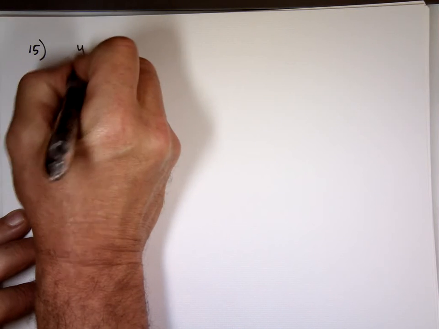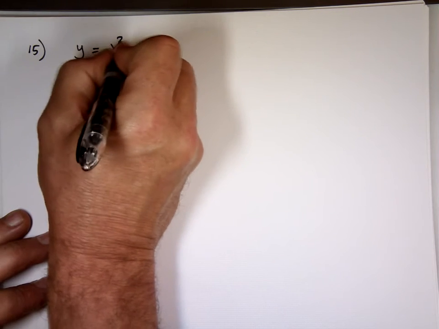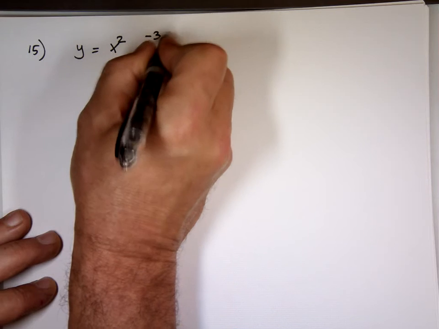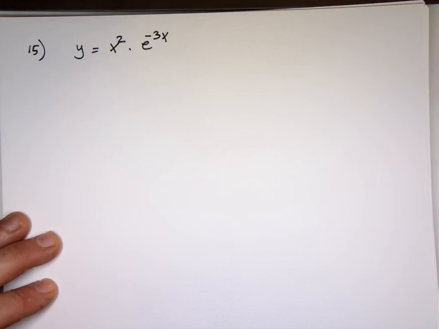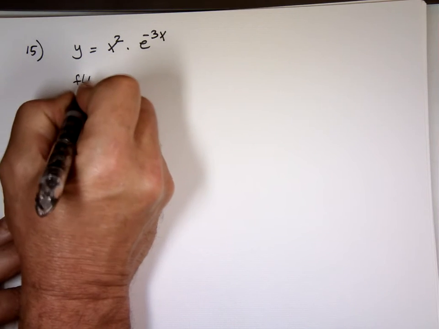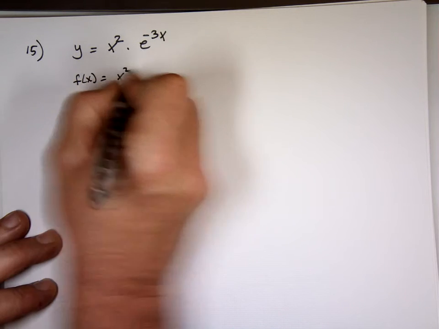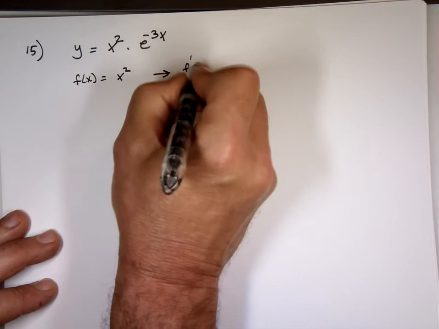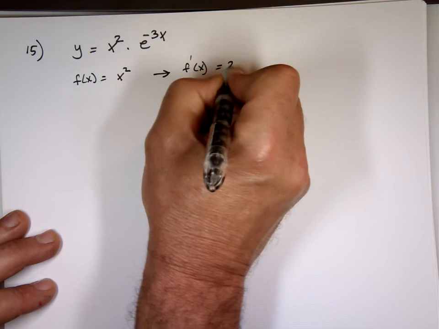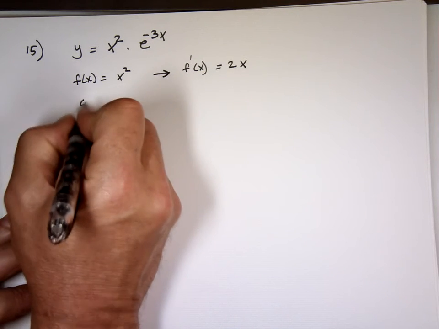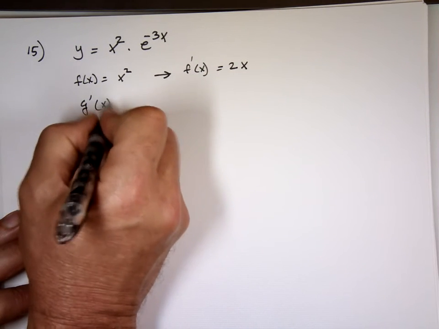Y equals x squared e to the negative 3x. Product rule. F of x equals what? X squared. What's the derivative of that? 2x. G sub prime. Gotta be careful here. That's e to the u, right?